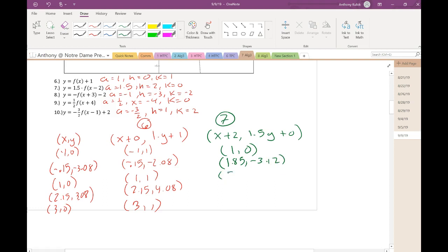And I have 3, 0. And then I have 4.15. And then, oh my goodness, I don't mean 3.12 here. I meant 4.62. I accidentally typed 2.08 in my calculator instead of 3.08.